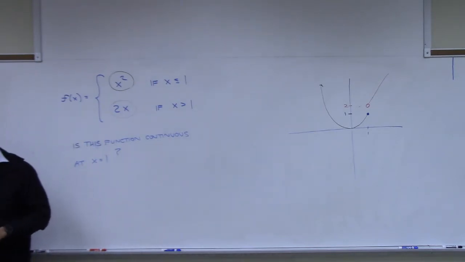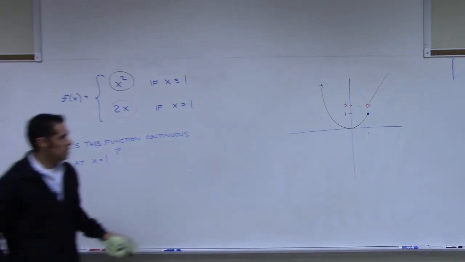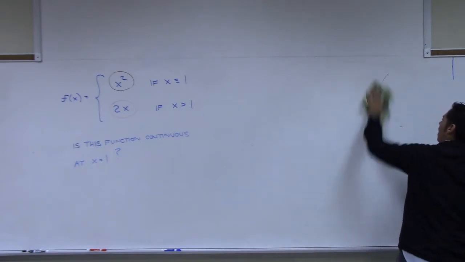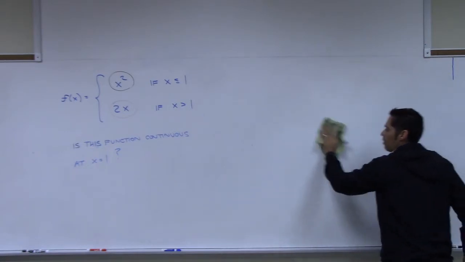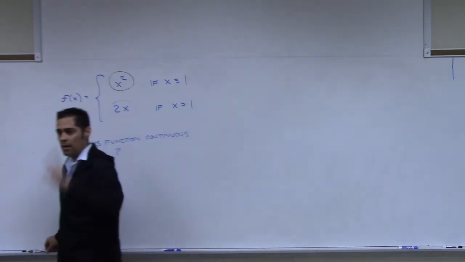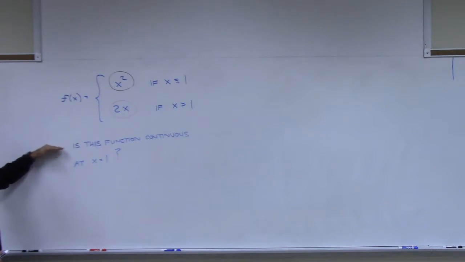All right, so we're about to do something, and it's one of those issues where you've just got to really understand what the definition is. We're going to act like we don't know what it looks like. Act like you never saw that graph. The question being asked is whether or not this function is continuous at 1.